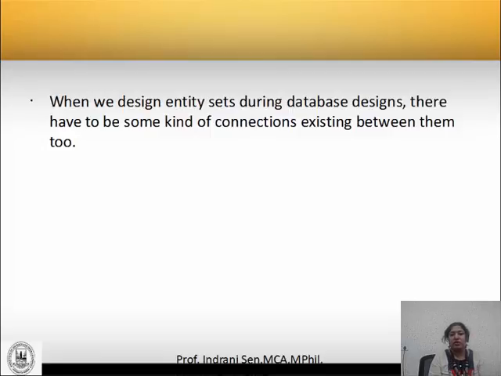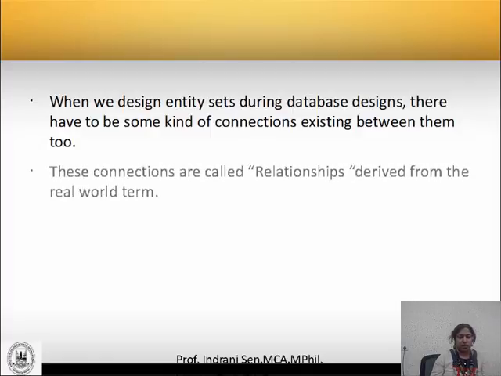We generally follow the relational model, in which we have tables and connections between them in the form of primary key and foreign key. Because to establish those relationships, we need to design the entity and the connections between them. These connections are called relationships, derived from the real world term.